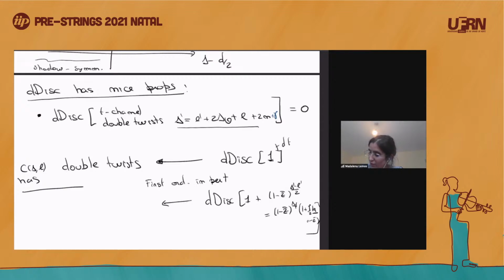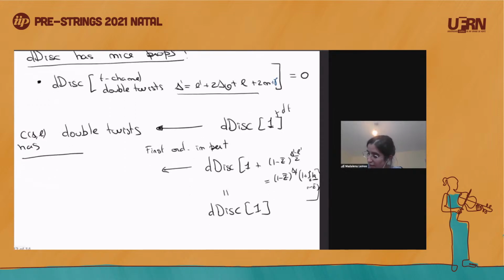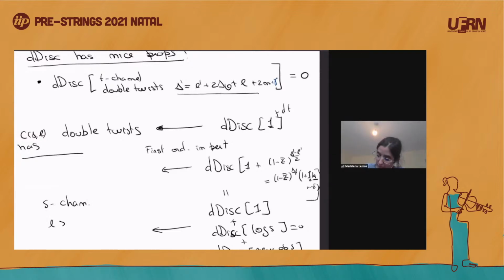What do I get here? I get that it's a d-disc of the identity plus the d-disc of logs, which is 0, and plus some new operators that might appear at first order. And this is all you need to know to recover the spectrum, to read off the s-channel for L bigger than 1.